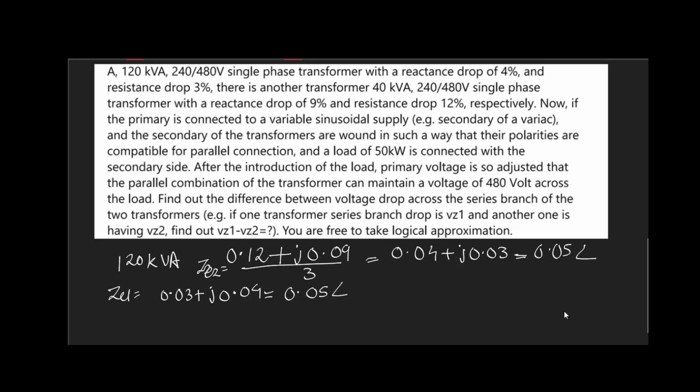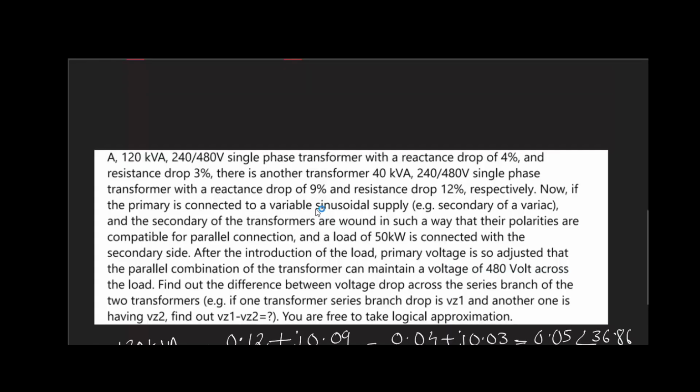How would it look? We have V2, which is a common voltage, and from that V2 both transformers carry their current, or we can directly draw V1 by A1. See here, interestingly, both transformers A1 and A2 are equal. Moreover, the transformer impedances are also equal.